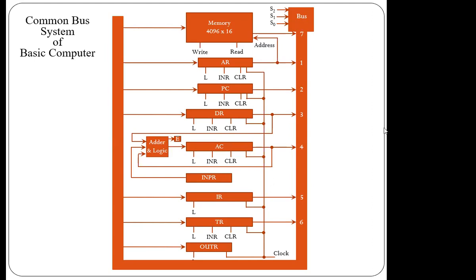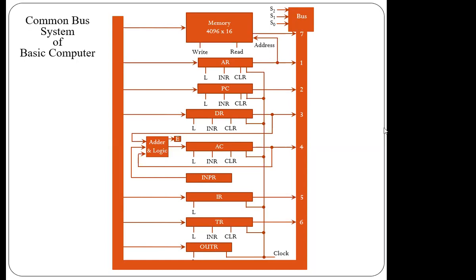Then the concept of memory is there, right? Your memory is of 4096 by 16 bits, right? Here you can see that one read is attached and one write is attached, and then the address is connected to AR, and the number written along the memory is 7, right?